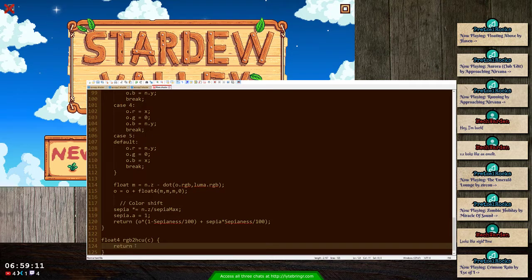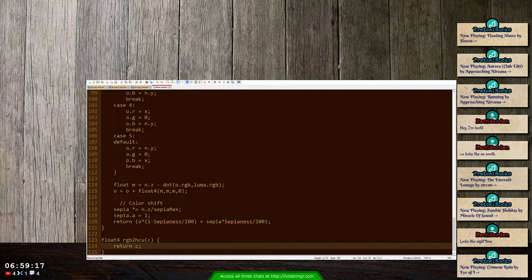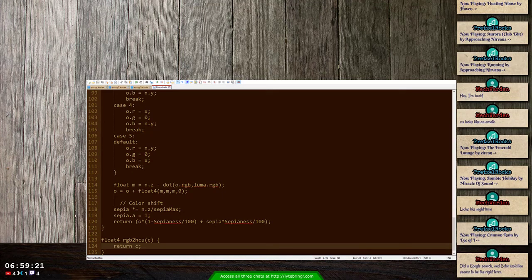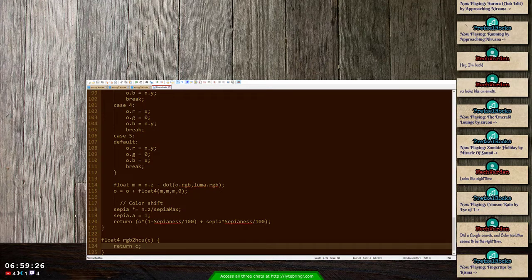And for now, just return C. Save it. And then reload it. And it breaks it. I need to see whether or not OBS has an error log that I can go into to see what is going on here.